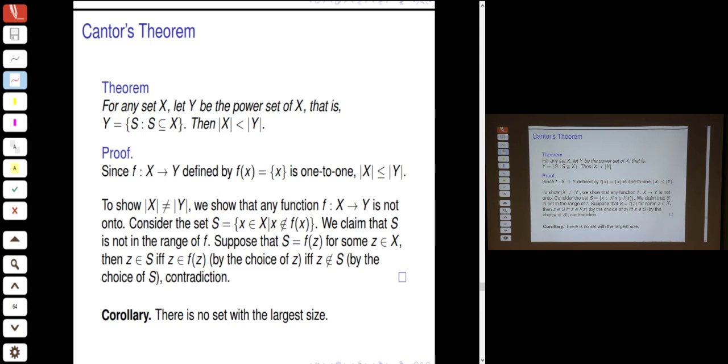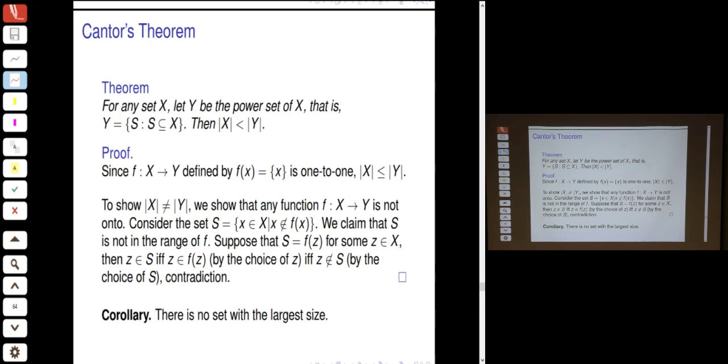Now this function f is clearly 1-to-1 because if x1 is not x2, the set of x1 is not the set of x2. That demonstrates Y has at least as many elements as X. So this is the easy part.